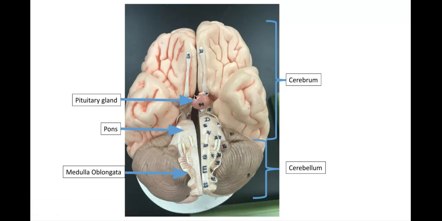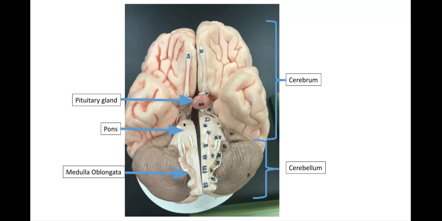But hanging down here is our pituitary gland. Our pituitary gland is going to be hanging down from a little stalky area called the infundibulum. So this little jelly bean kind of shaped structure is that. And of course, that is going to be an important organ for secreting hormones.